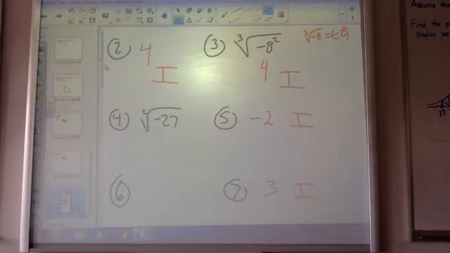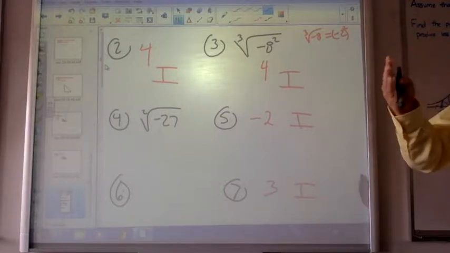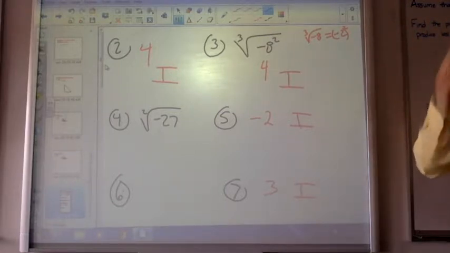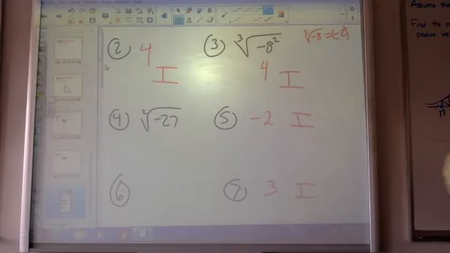But if I had the square root of 2, 3, 5, 6, 7, 8, 10, 11, 12, 13, 14, 15, it keeps going forever. Those are all irrational numbers. If I were to take the square root on a calculator, it's a decimal all the way out. The calculator will just truncate it off.